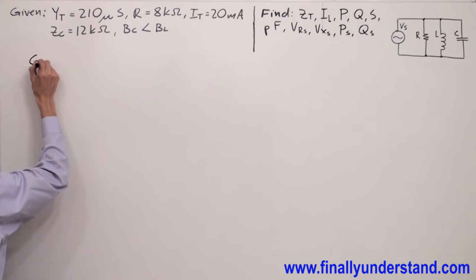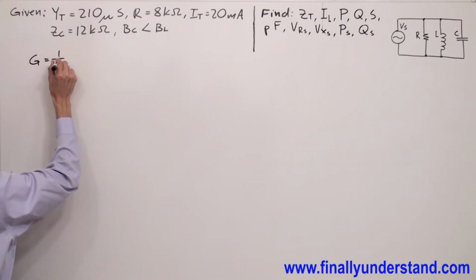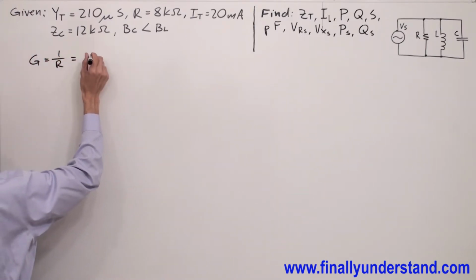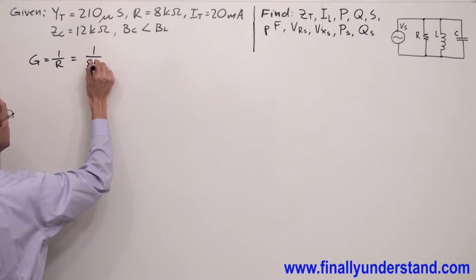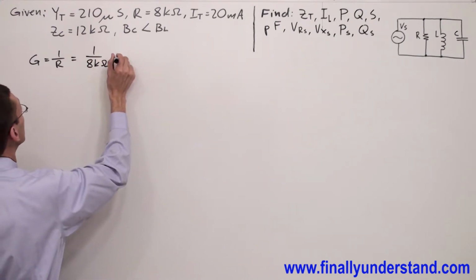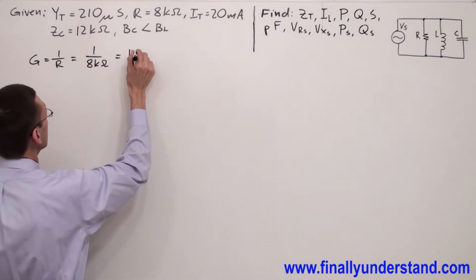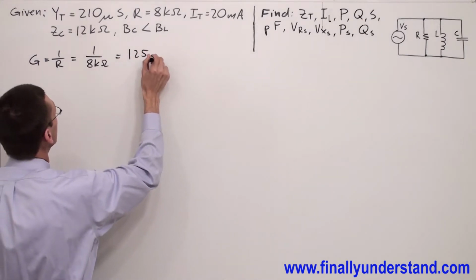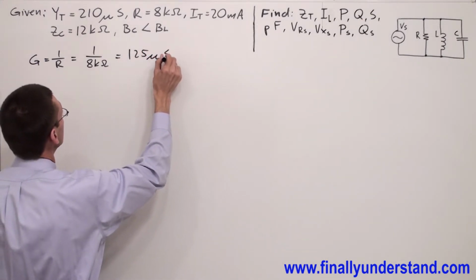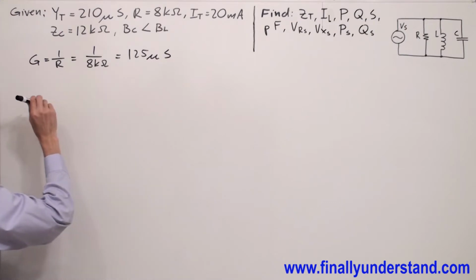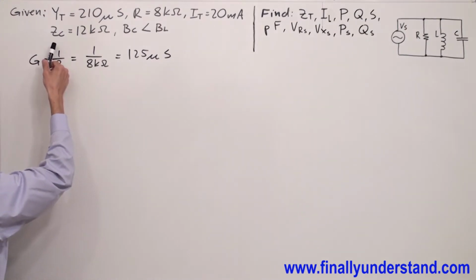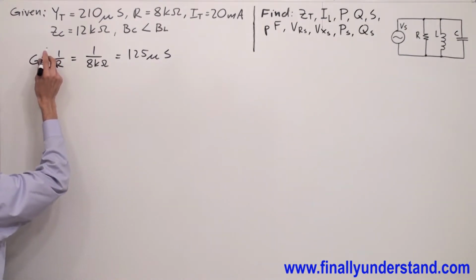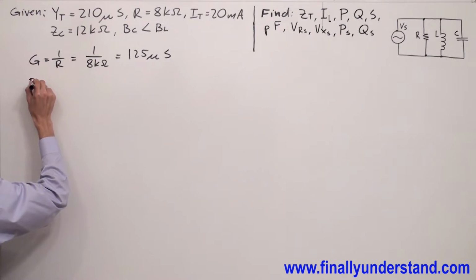I have G is equal to 1 over R, which is equal to 1 over 8 kilo-ohms, which is equal to 125 microsiemens. Okay. Also, I'm going to find right away the capacitive susceptance.